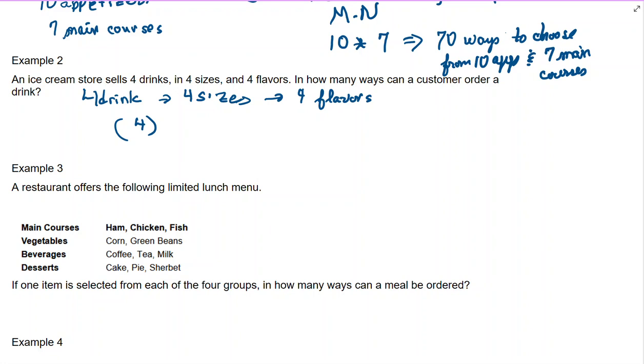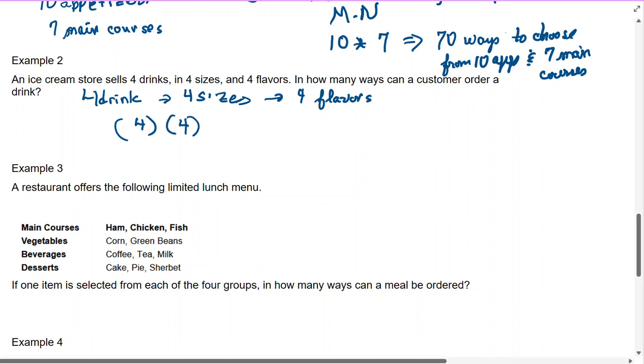Well, this is what you usually see or have choices from. We have a main course, and it has ham, chicken, and fish, 3 of them. Vegetables, corn or green beans, 2. Beverages, only coffee, tea, or milk, 3 choices. Desserts, cake, pie, and sherbet.